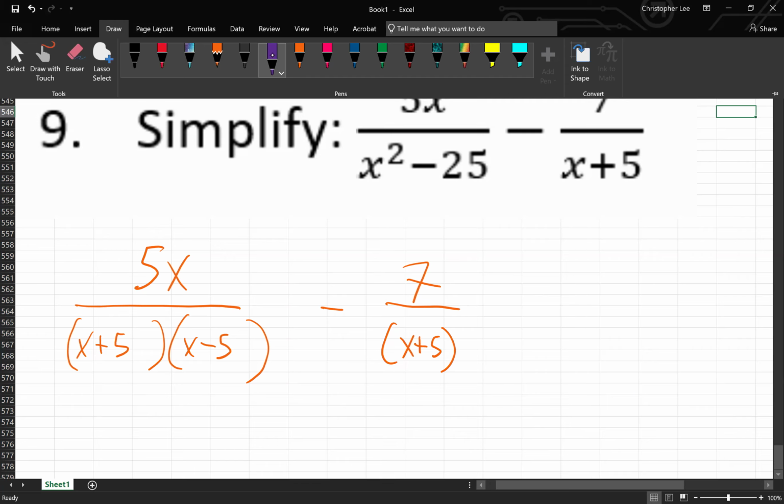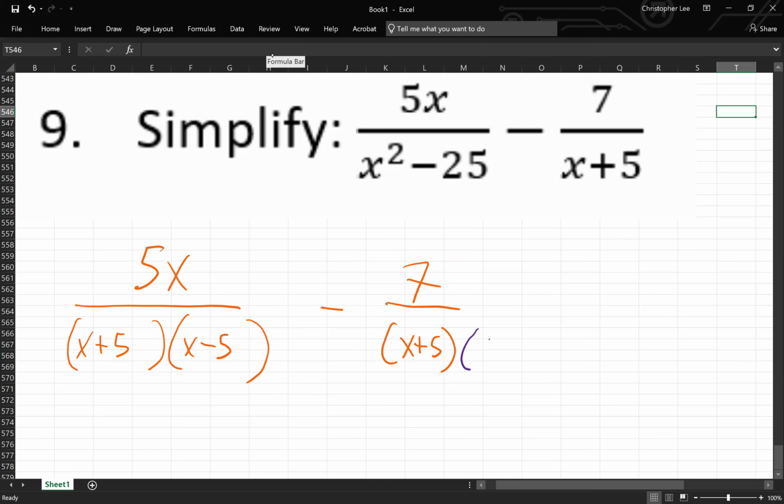Multiply. Okay, by what? Not x plus 5, x minus 5, right? See, this one over here, all it needs is an x minus 5, and it's the same thing as the other one, right? But I got to be fair. What I do to the bottom, I got to do to the top, right?